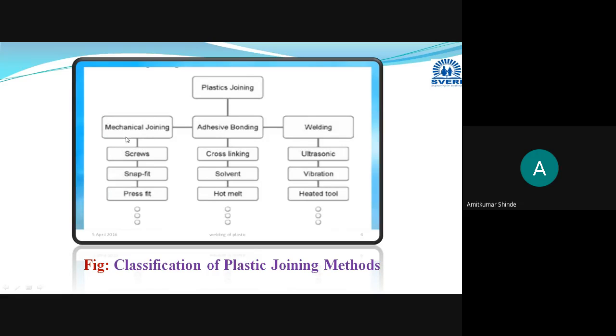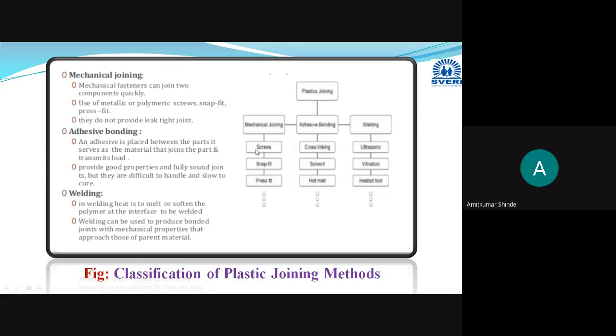Now what is the difference between these three, I have explained here. You can go through it. In mechanical joining, two plastic parts are joined with the help of some mechanical fasteners, like screws, snap fit or press fit arrangements.